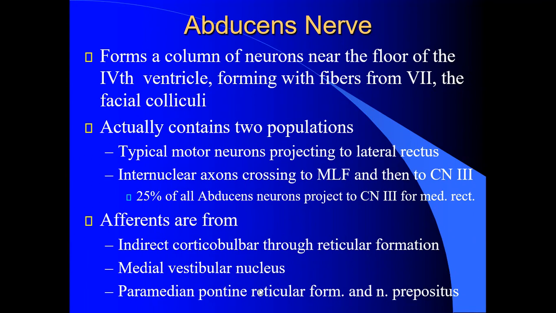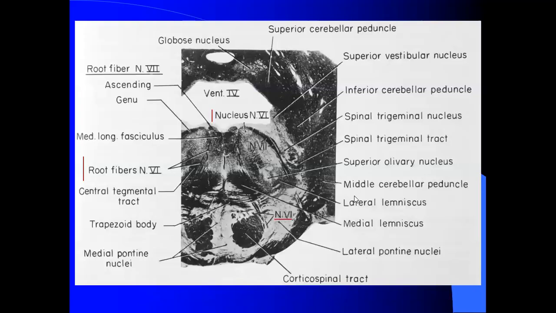All right, and they're also going to have the paramedian pontine reticular formation in addition, not the same, in addition to those 25% of neurons of the abducens nucleus, which will participate in doll's eyes. So a lot of doll's eyes innervation there.